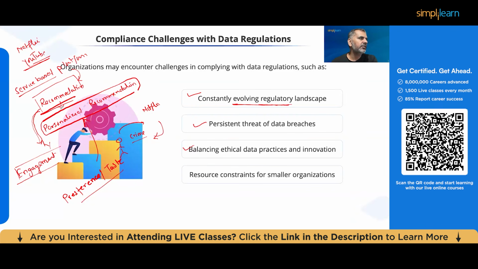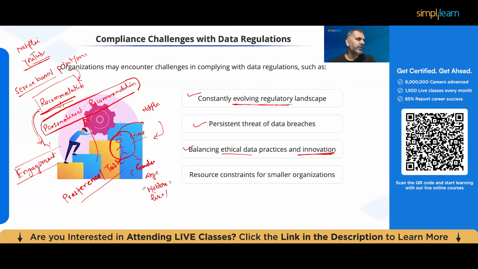But this personalized recommendation will only be possible when the platform knows more about the user. So this is where we talk about balancing between ethical data practices and innovation. If I say that I want to know more about this user, I have to collect their personal information. I have to collect their gender, age group, hobbies, dislikes, and so on.